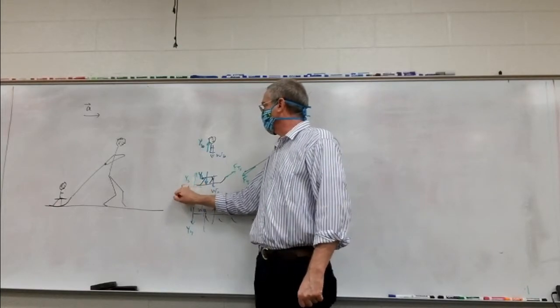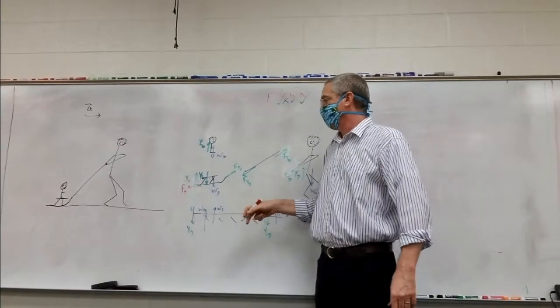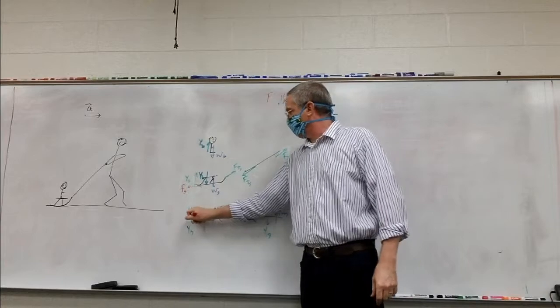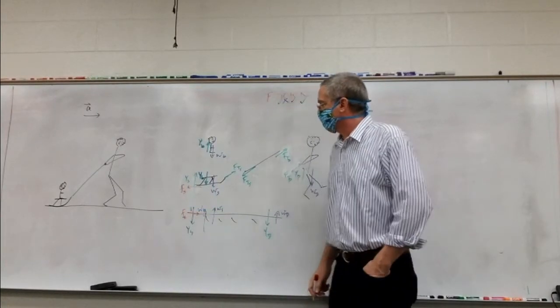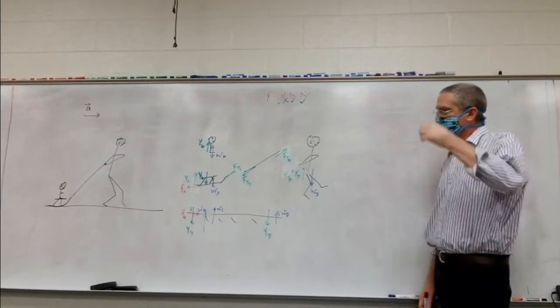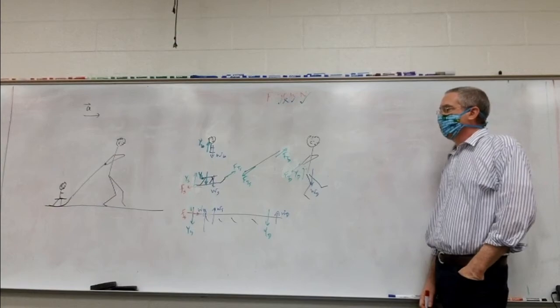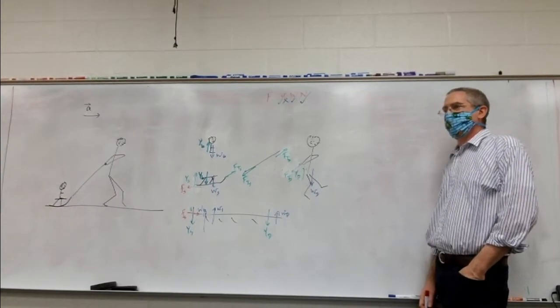There's friction acting on the sled to the left, opposing that relative motion, because relative to the ground, the sled's moving to the right, and therefore there's also a friction acting this way. All right, that's the easy one.